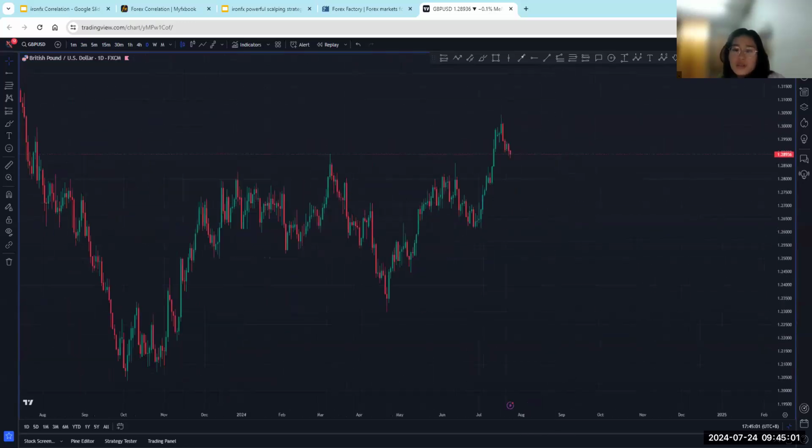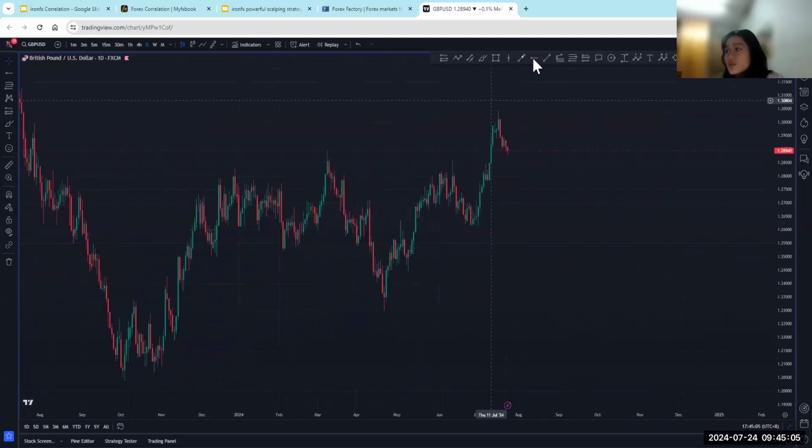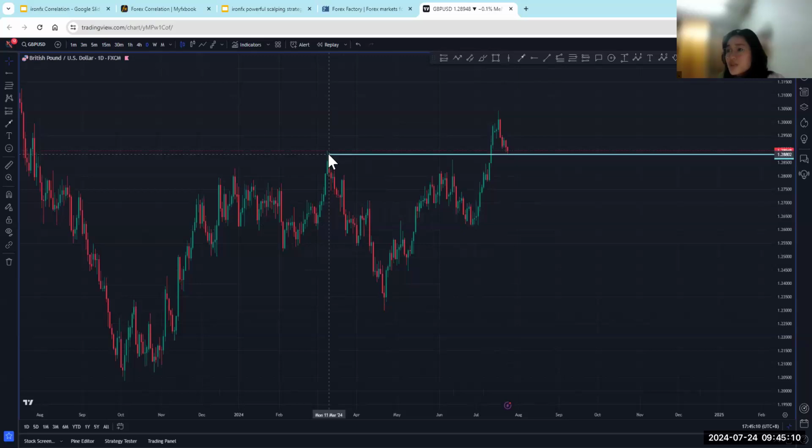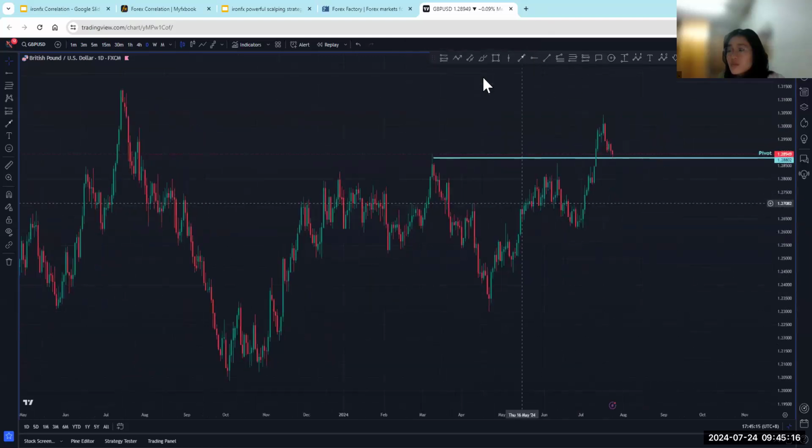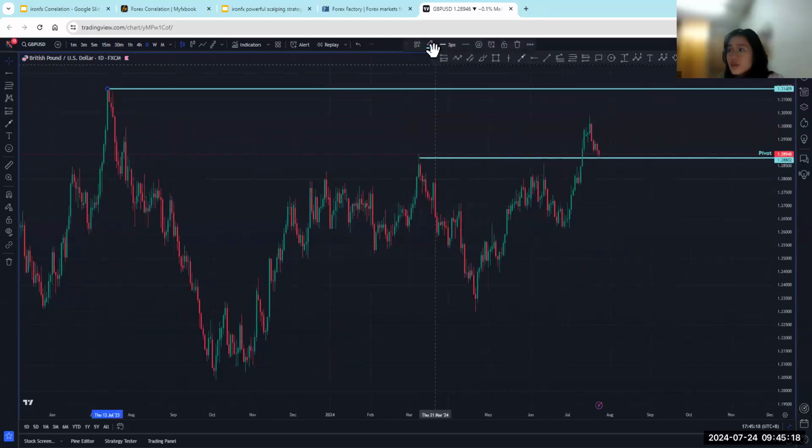Since we're looking at pound dollar now, let's go ahead and analyze this together. I'm just going to place my pivot over here at this swing high. My first resistance I'll place up here, my first support down here.